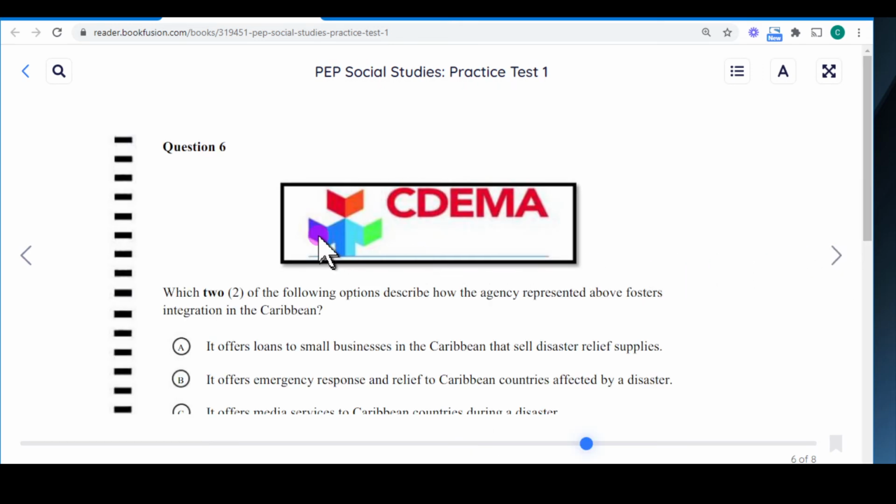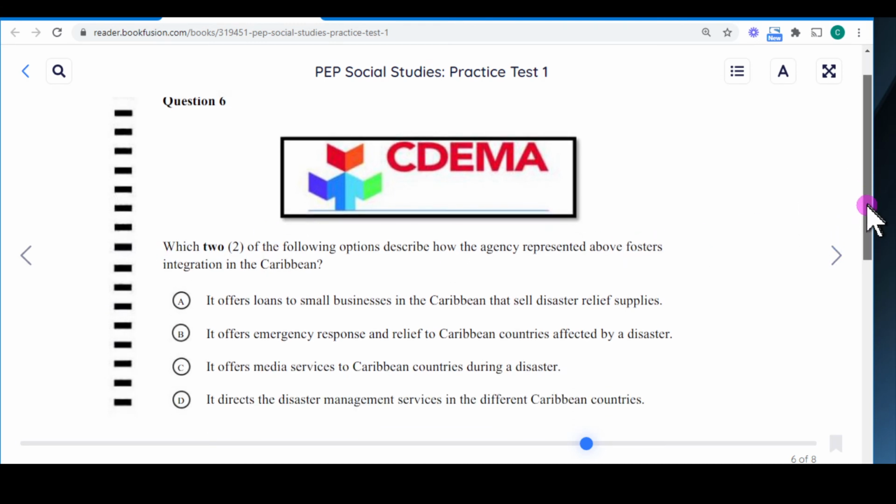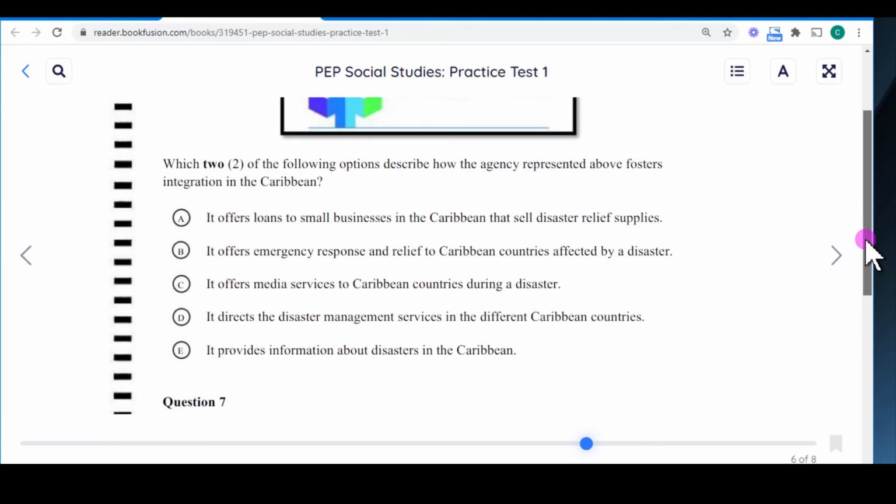All right, question 6 says, CDEMA here, which two, again, pay attention to those operative words, two, and you see it's in bold, which two of the following describe how the agency represented above fosters integration in the Caribbean?